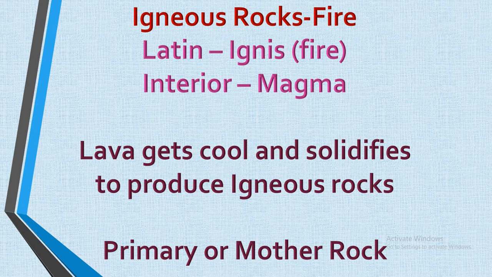Children, can you give a reason why these igneous rocks are called primary or mother rock? Yes, very good. Because the other rocks are formed from it, whether directly or indirectly.